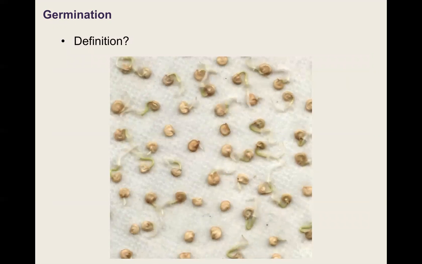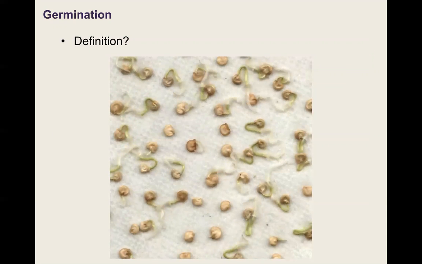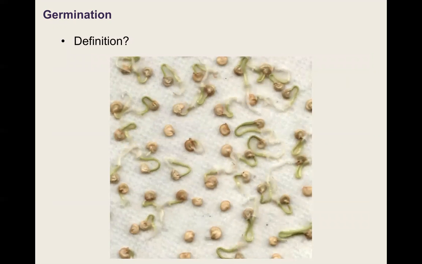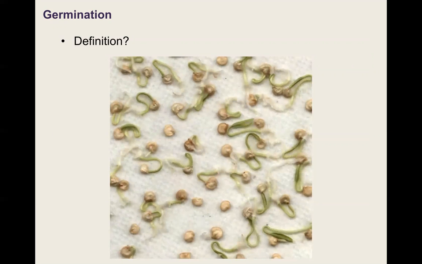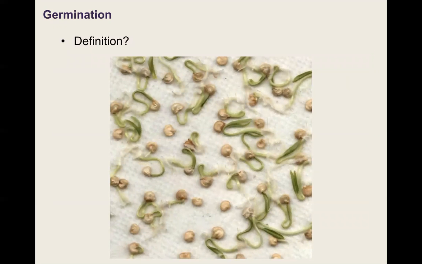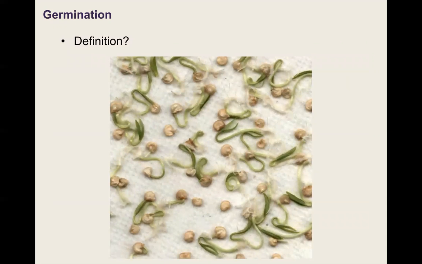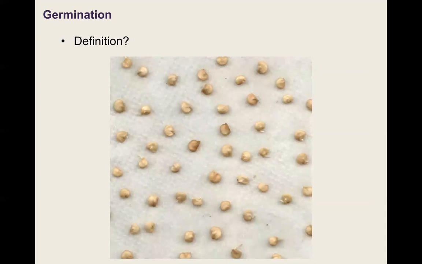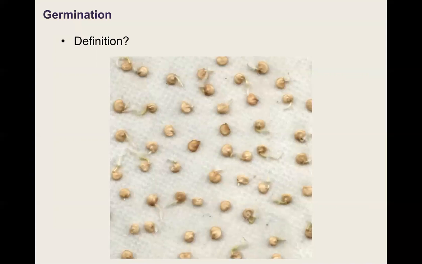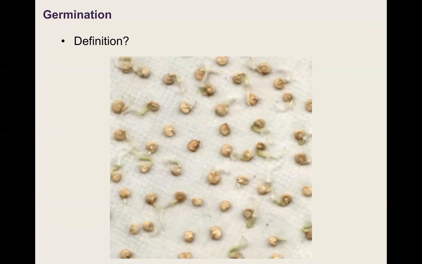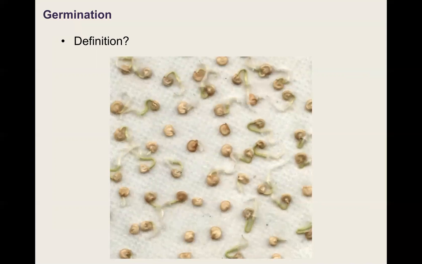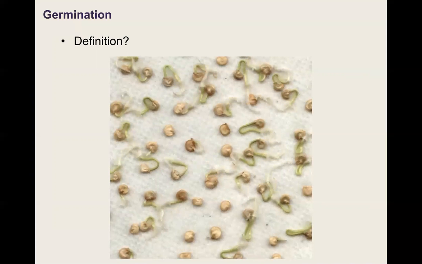Very often, I think almost always, it's an element of the root that makes it out first. So the root comes out first, gets a foothold, and gets the seedling tied in with the water and soil nutrient sources that it needs, maybe even a mycorrhizal association.